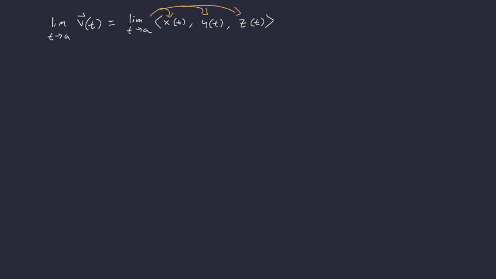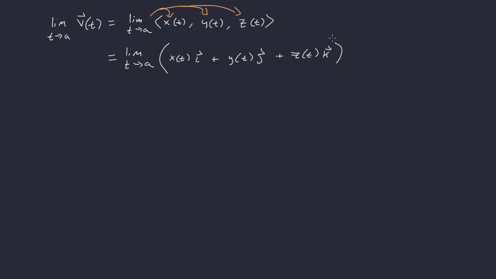And the reason for that, actually, I think the quickest way to explain it comes from the fact that our vectors can be represented in an algebraic term. That is that the vector x, y, z is actually x of t i plus y of t j plus z of t k.